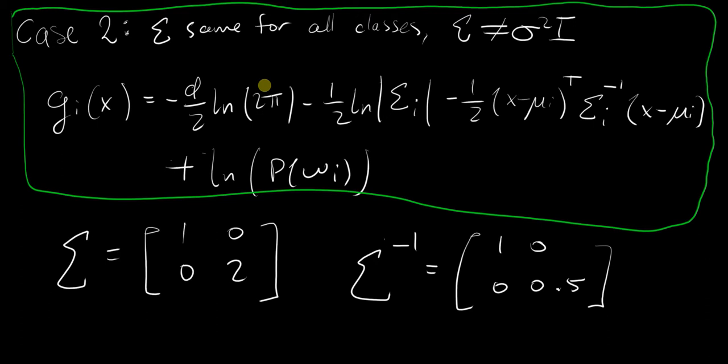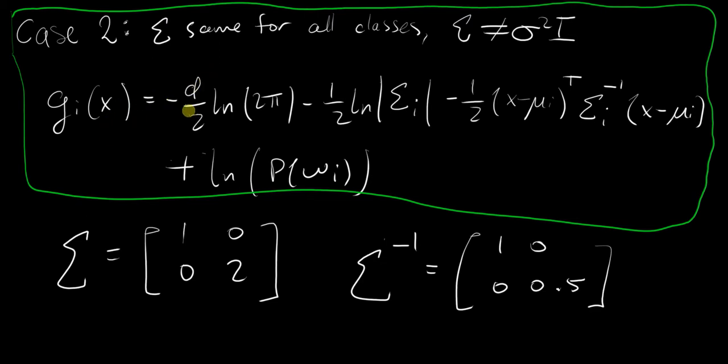They use the fact that if you apply some function to the discriminant function, you still get something with similar traits. I don't think we're going to need to know how to derive this. But this is what it looks like, and it's a mouthful, but there are ways we can simplify this.